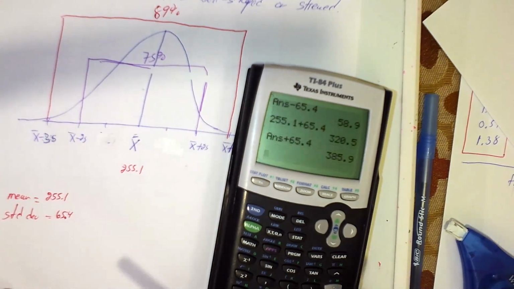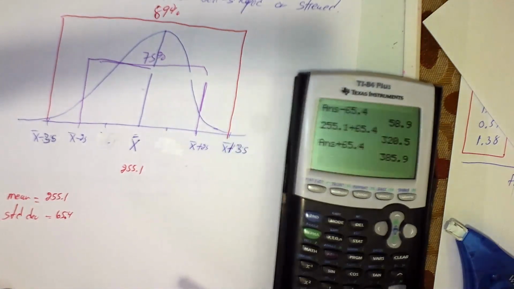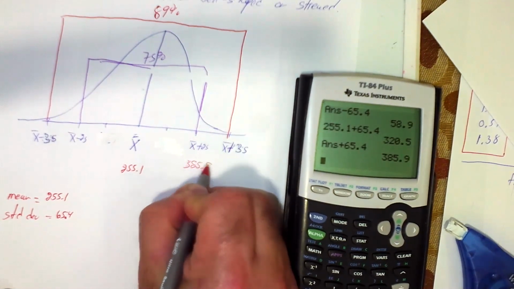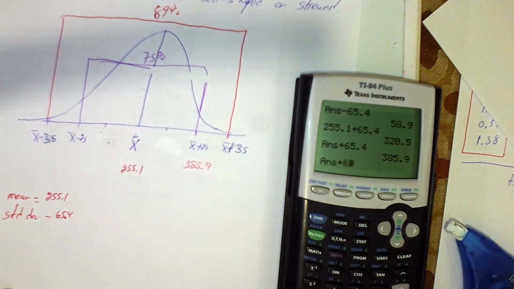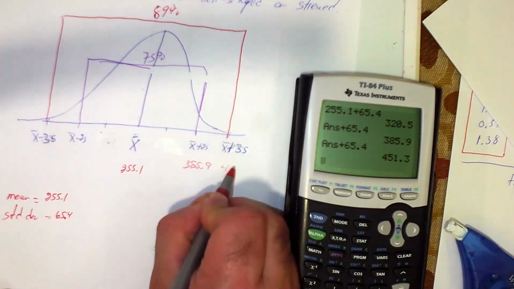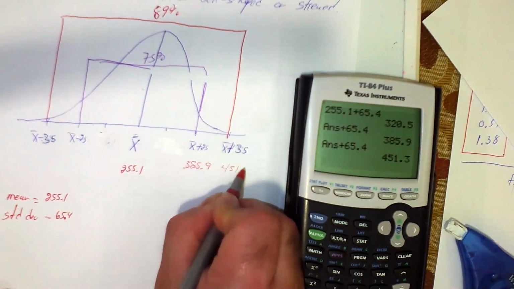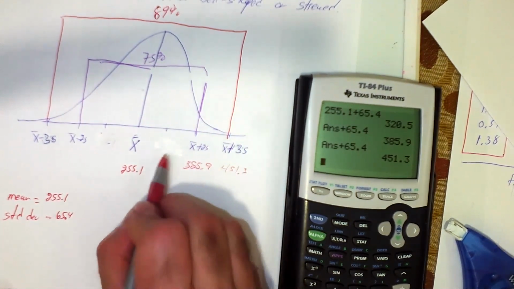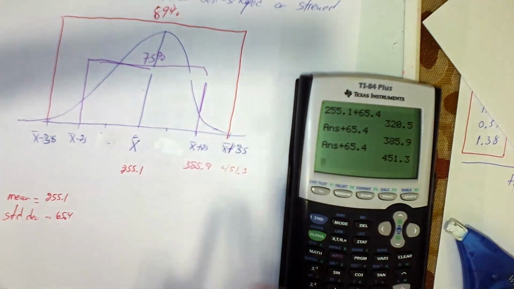And that one I do record. That is 385.9, and then I'm going to add another 65.4, and that'll give me the last one with 451.3. So if you go back to the previous problem, I had 320, but he doesn't believe it. So he said, nah, get rid of it.